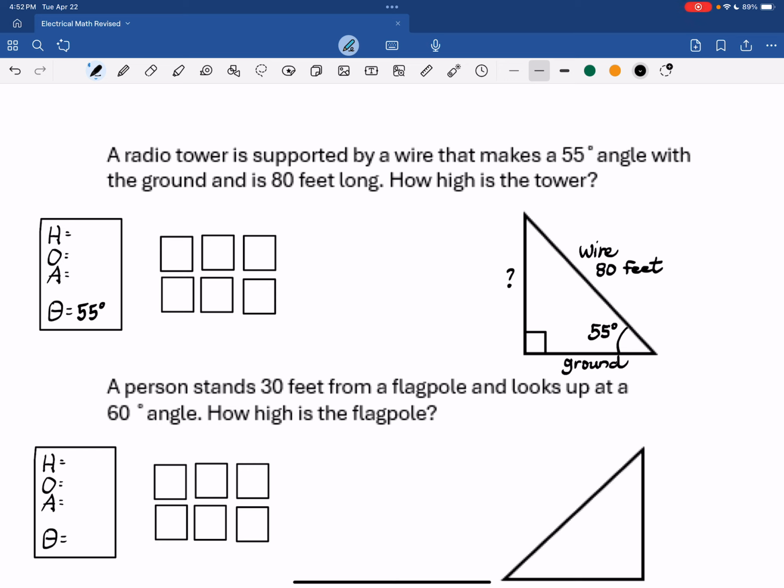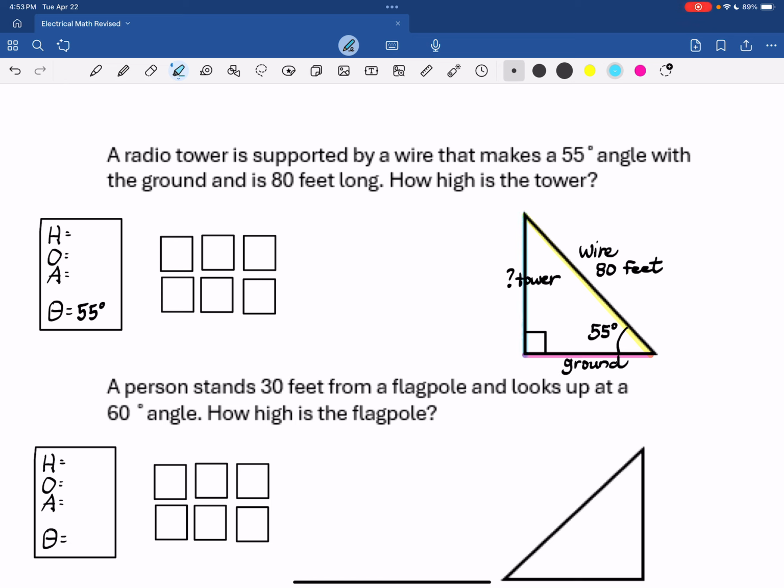And let me move this over. This is the tower. So let's use our colors, at least for a few of these. Here is adjacent. It's adjoining theta. Here is hypotenuse across from the right angle. And here is opposite across from theta.